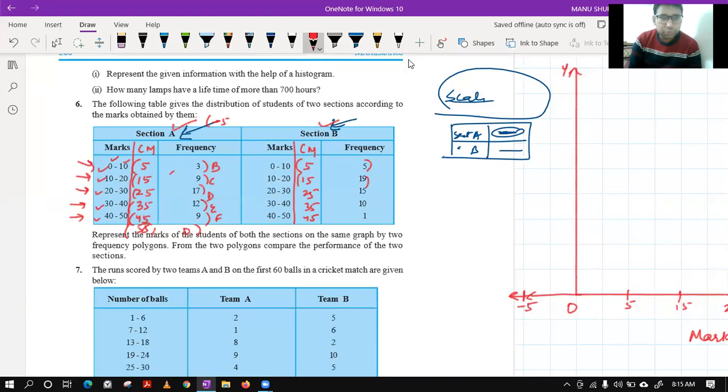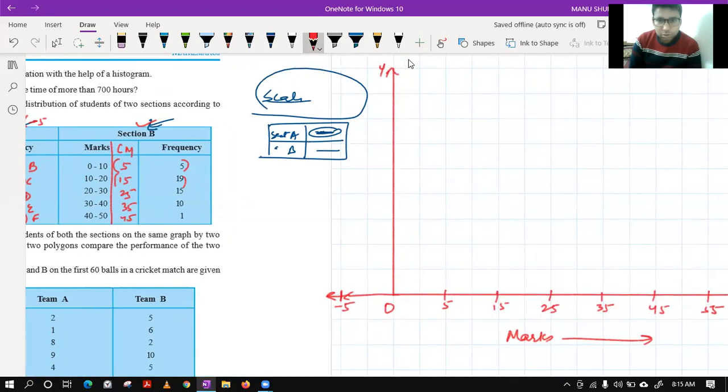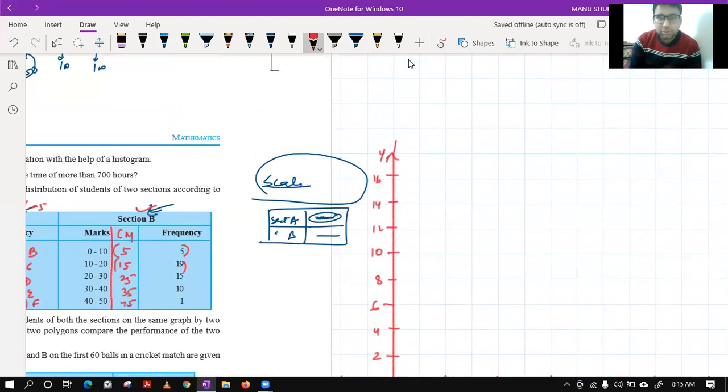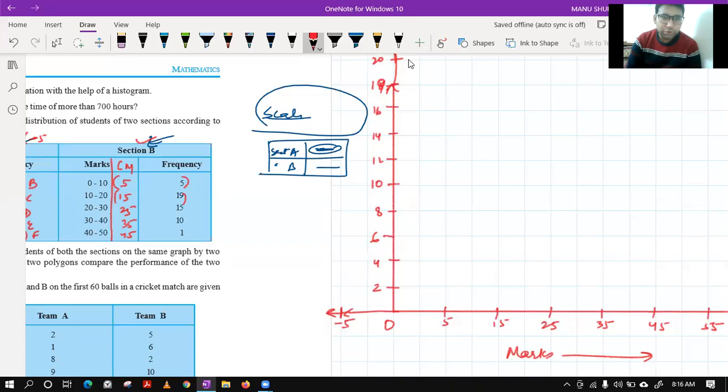I think better would be to take 2, since 9 will be required now. Okay, 2 will be good. So 2, 4, 6, 8, 10, 12, 14, 16. We have to extend this. Then you have 18 and 20. These are your frequencies.